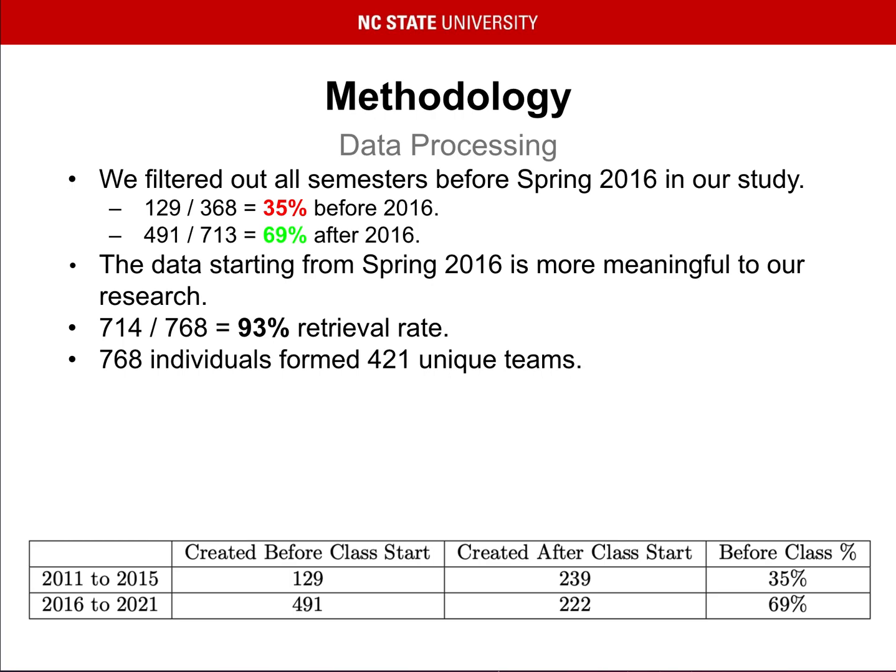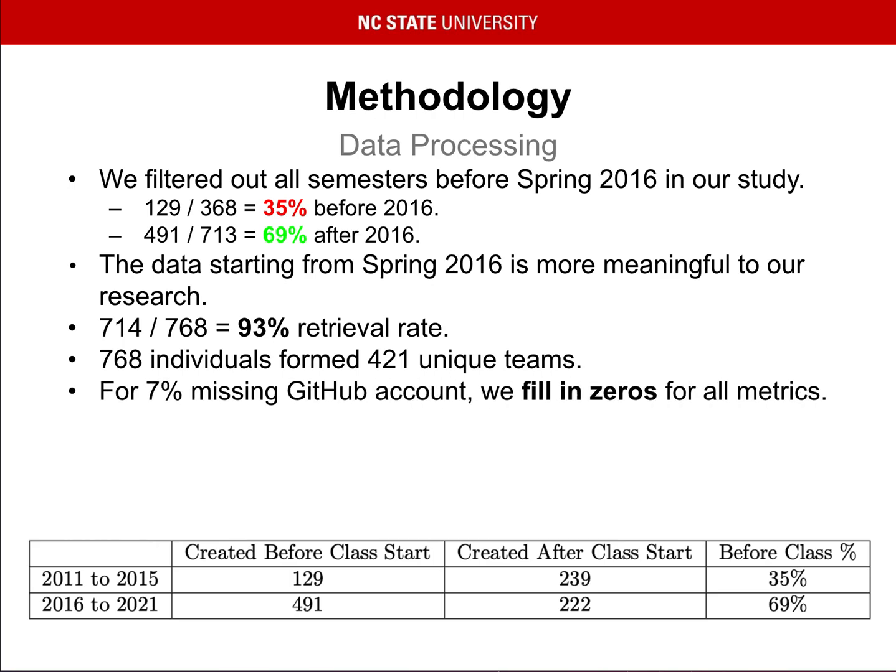Each student was on 2 unique teams, one for the first OSS project and the other for the final project. For those 7% of students for whom we have no way to retrieve a GitHub account, we treat them as if they did not have a GitHub account before the class. This means we fill in zeros for all metrics for those missing accounts.